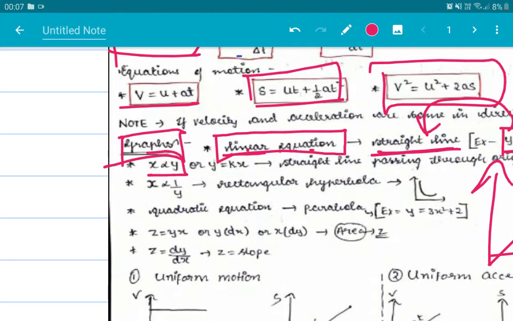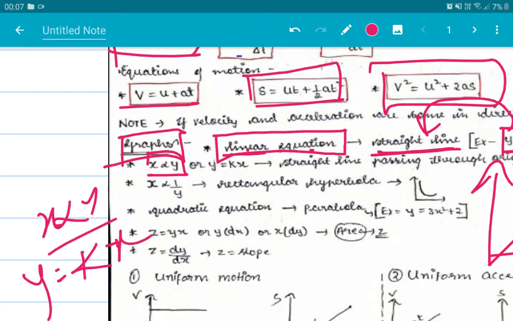If x is directly proportional to y, or y is equal to kx, here k is a constant, suppose. If there is any proportionality sign, we generally give it a constant to define it. So if y is equal to kx, then it will be a straight line.